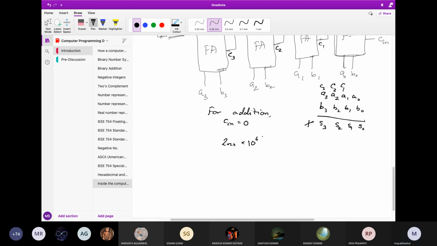Because if that operation happens 10 to the power 6 times, the slowness will be at least 2 into 10 to the power minus 3 seconds, which is high in terms of a computer.